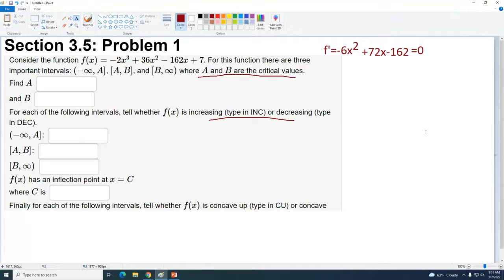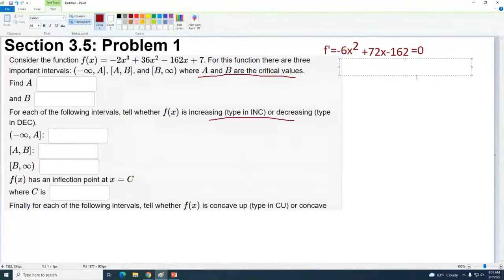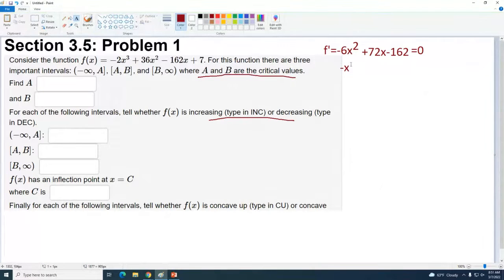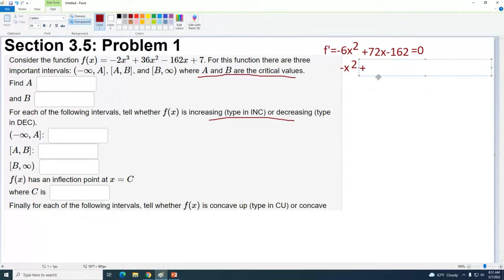All right, can we solve this? Is there any way we could simplify this? Can we factor out the 6? We divide all the coefficients by 6. And then we have negative x squared. Divide this by 6, divide this by 6, what do we have? 12. 12. And then the last one divided by 6? 27. 27.